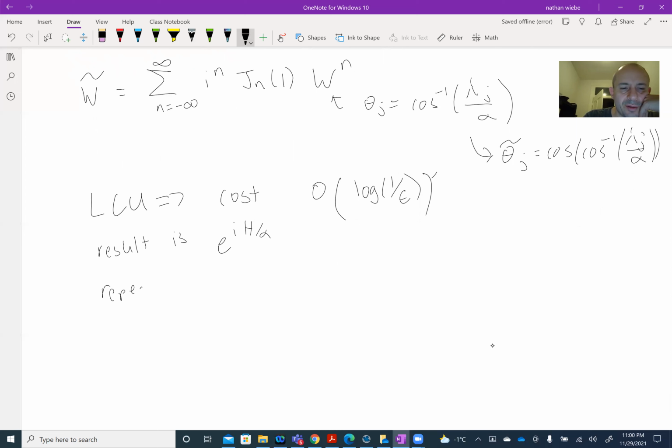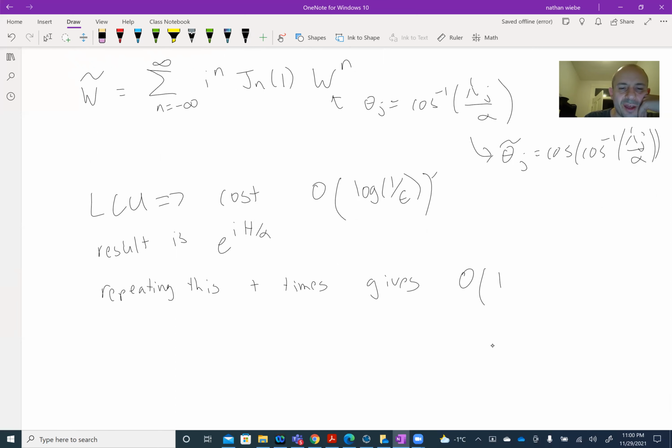Repeating this t over alpha times gives a cost of order t.